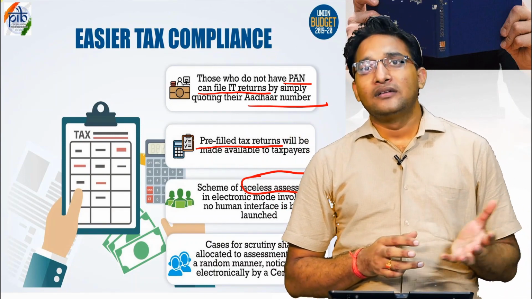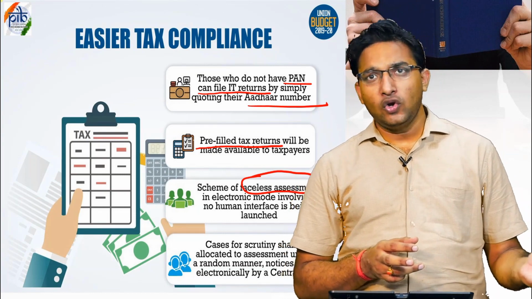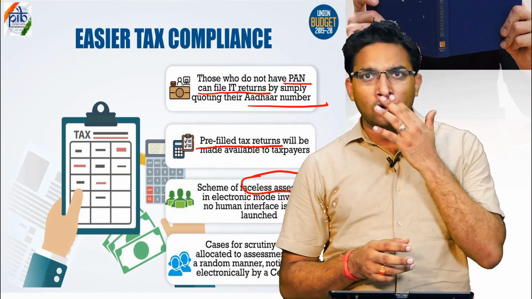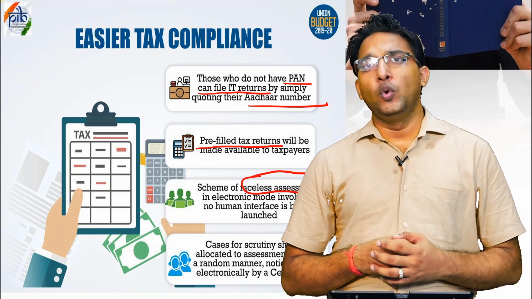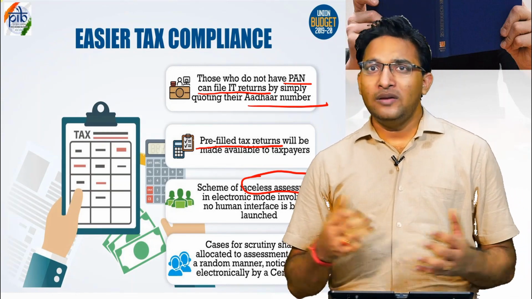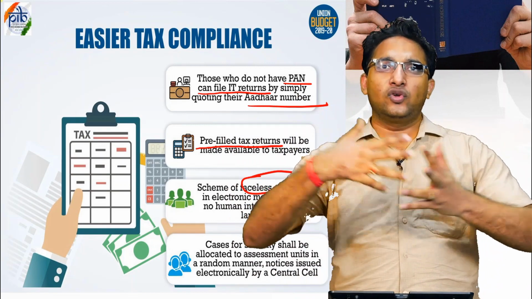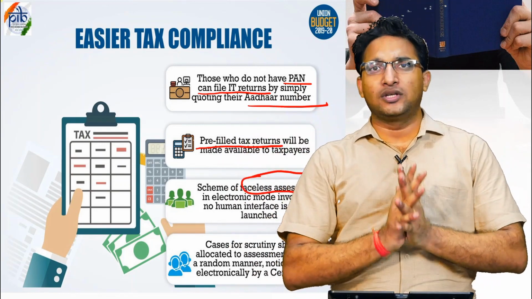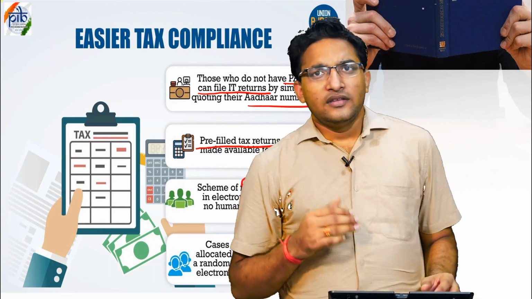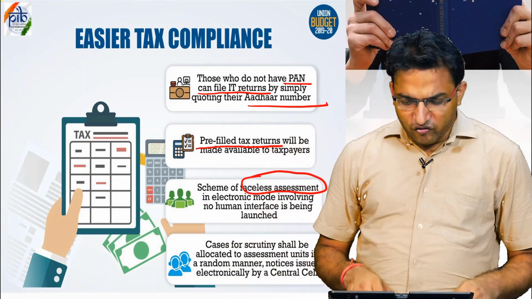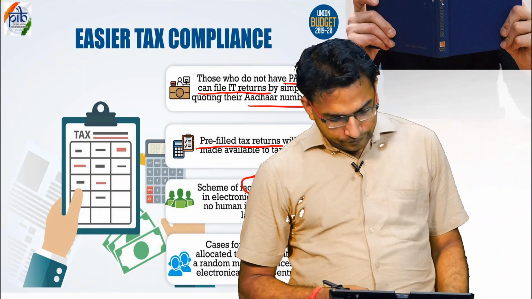At the same time, the assessee, the citizen, will also not know who is the officer dealing with this case. So in both the cases, there will be no personal interaction. So there is no chance of corruption. There is no chance of harassment. Therefore, this initiative can be very, very good in the long term.